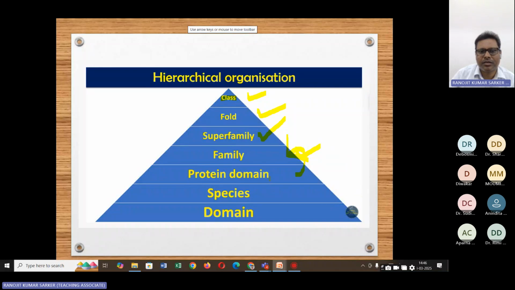And these different domains you will find in several species. So several species will share a common domain. And that is the beauty, that domains are found in functionally similar organisms. Once again, it is the class, fold, superfamily, family, protein domain, and species.